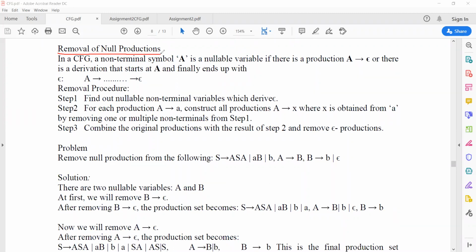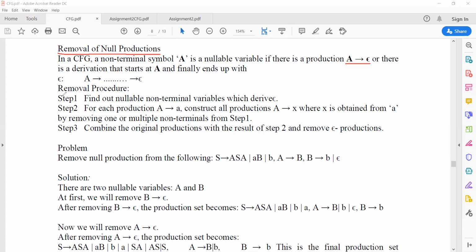What we find is that if a production consists of a non-terminal that produces null, that is A produces null, where A is a non-terminal, and it arrives in a grammar, you are asked to remove those productions.